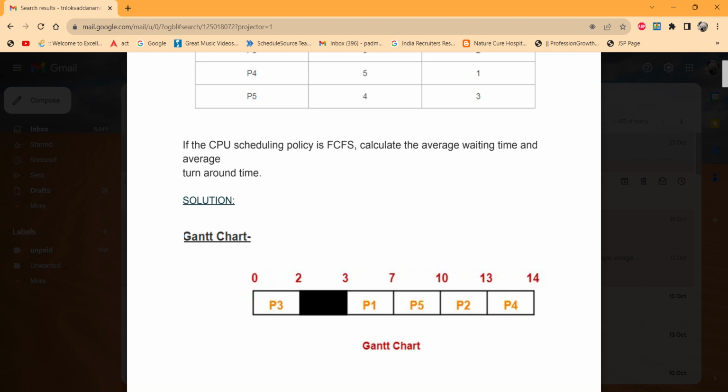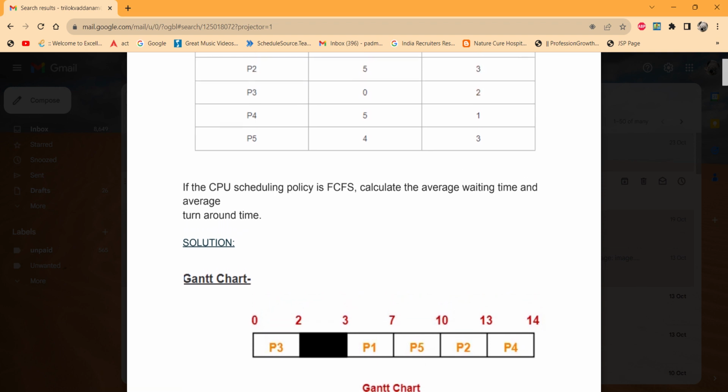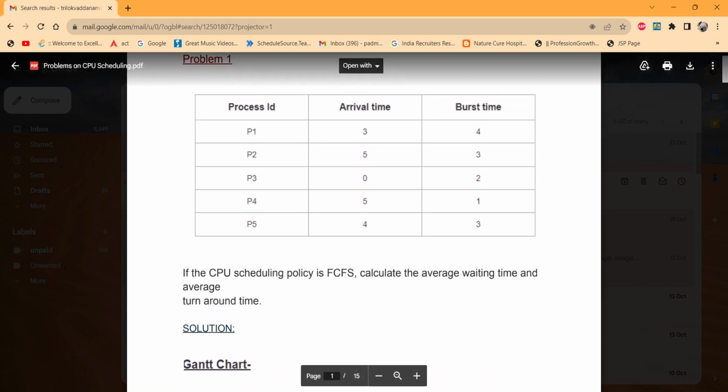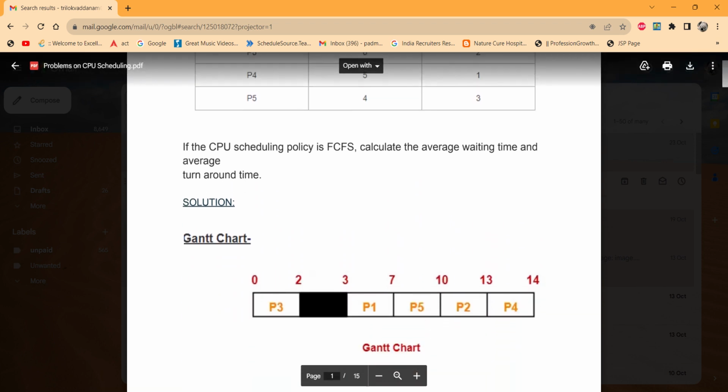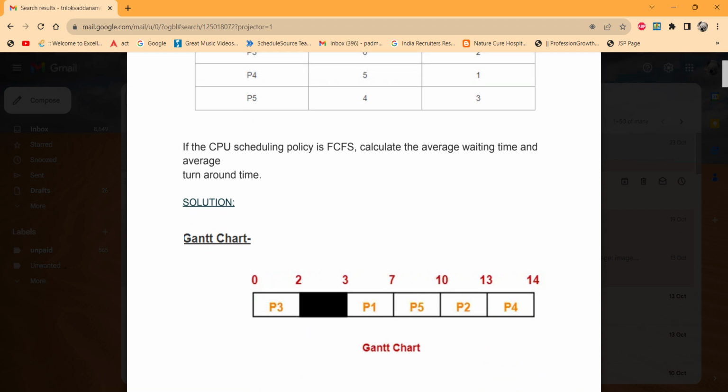This blank box indicates that the CPU is idle and it is not working with any of the processes. It is free. Now at the arrival time 3, you can see that process P1 has arrived and it is running for 4 units. Now it has entered at 3 and it is running for 4 units. 4 plus 3 is equal to 7.